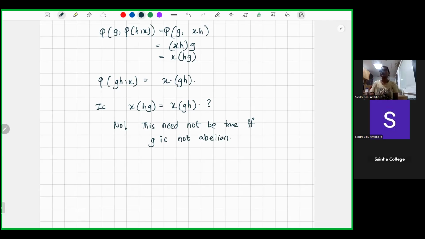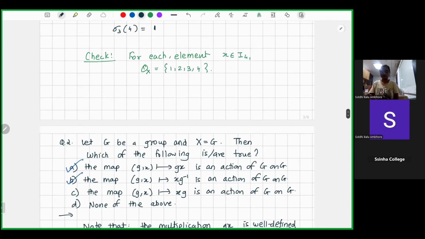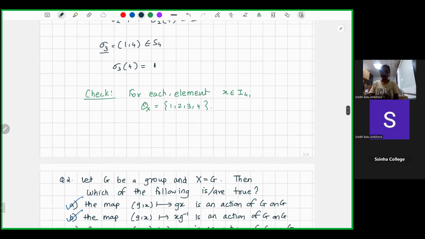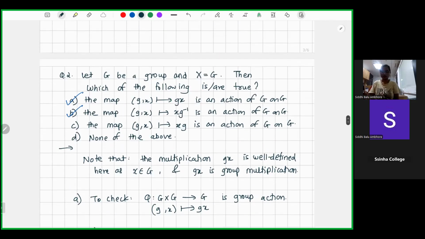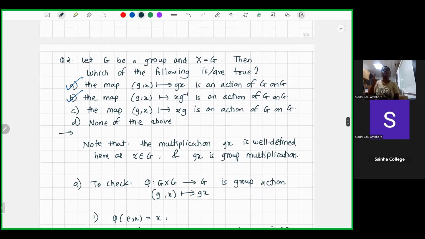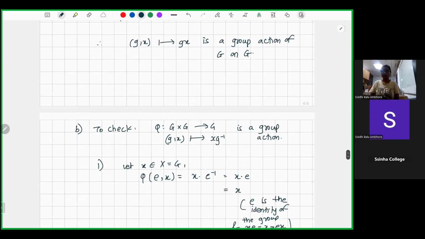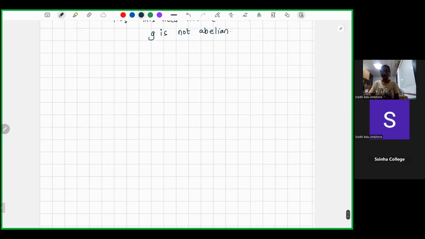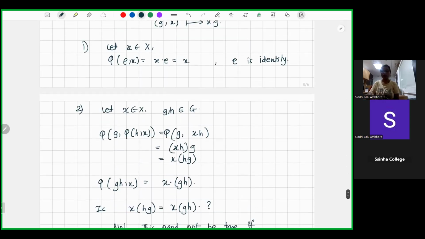And you can try this with this example as well. If you take S4 acting on S4, and we know that S4 is not commutative. And in that case, if you have this as your action, then it would not be.